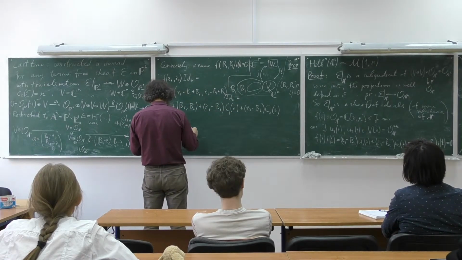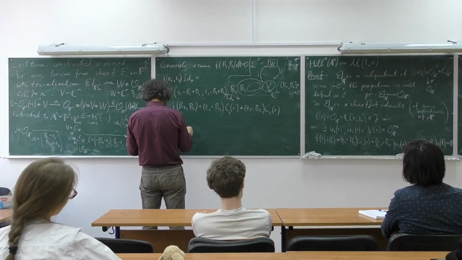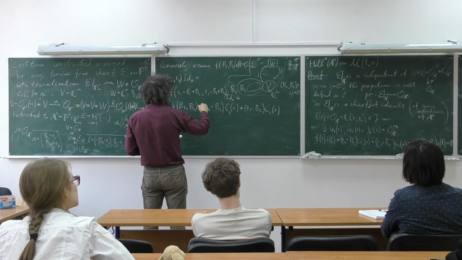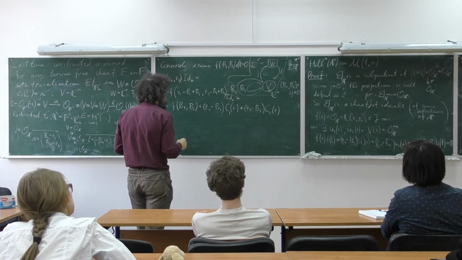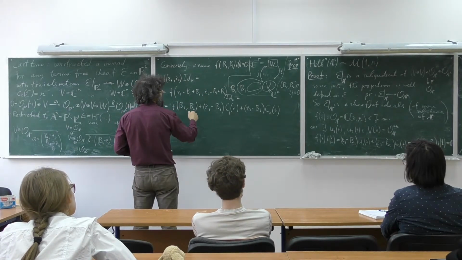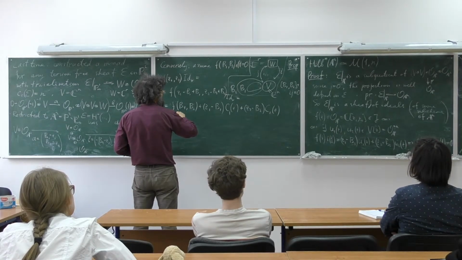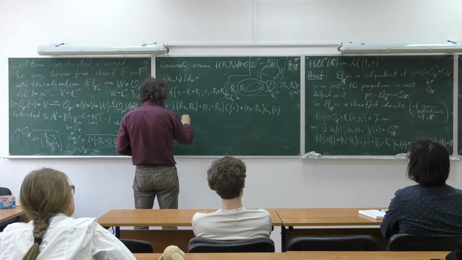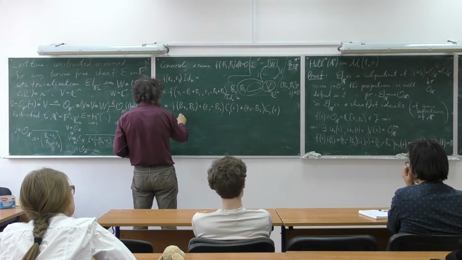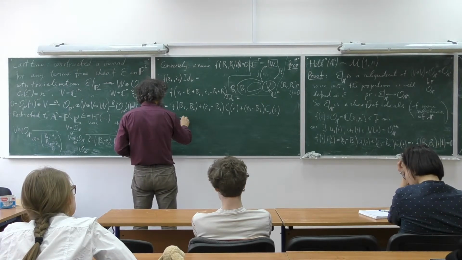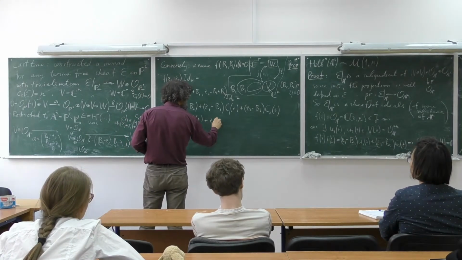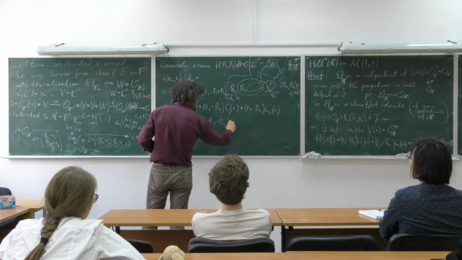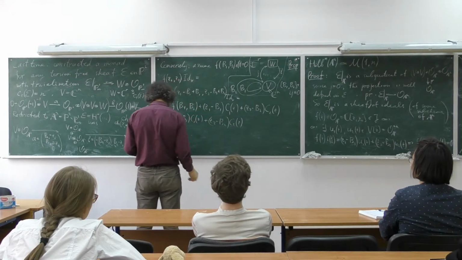And we know that f of b1, b2 vanishes. So this vanishes, and this is z1 minus b1 times c1 of z plus z2 minus b2 times c2 of z.